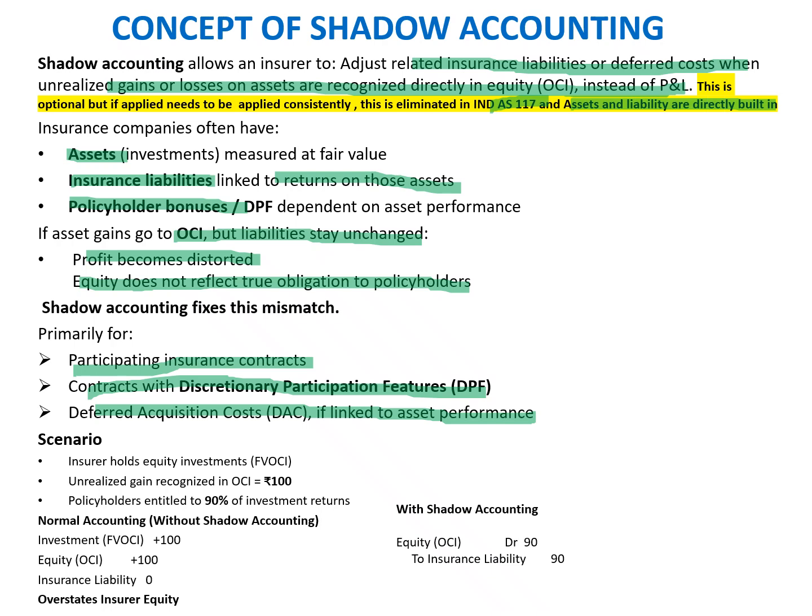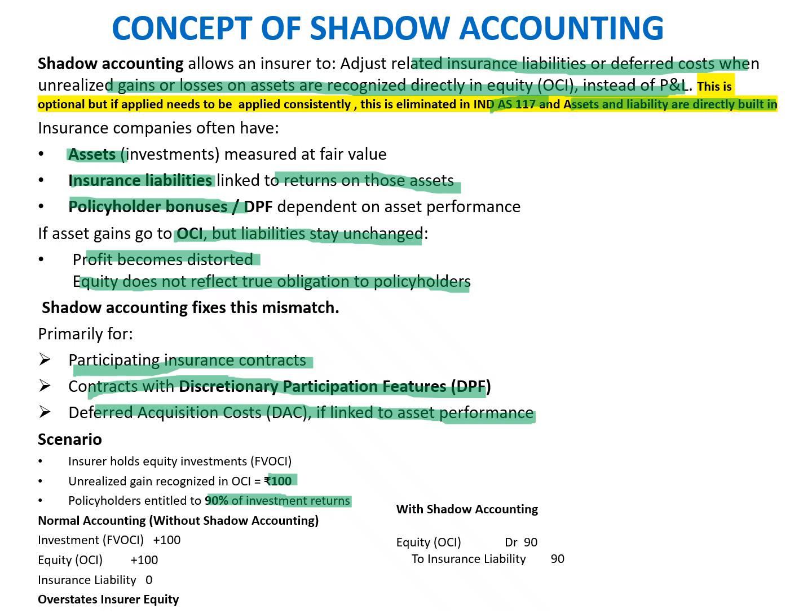So let's say the insurer holds an investment which is fair value through OCI. Unrealized gain recognized in OCI is 100. Policyholders are entitled to 90% of the investment return, which means that out of that 100, 90 is attributable to my policyholder or the insured people.